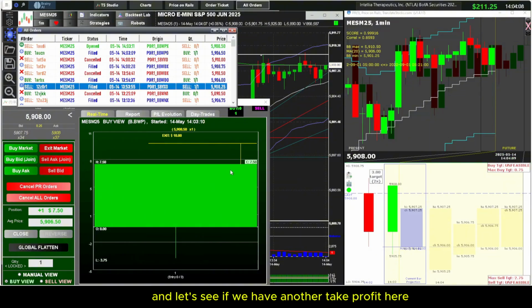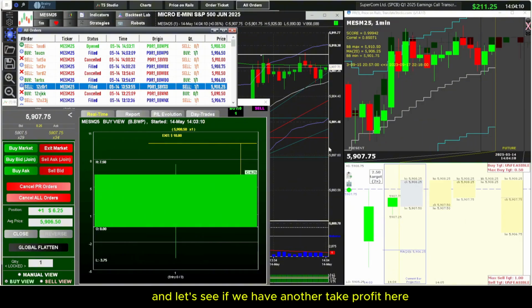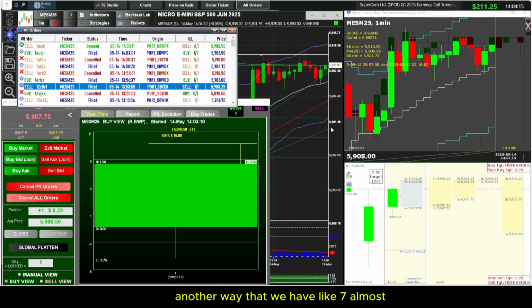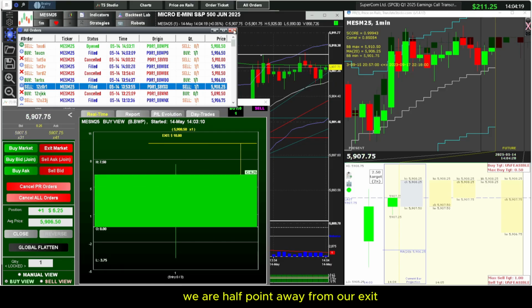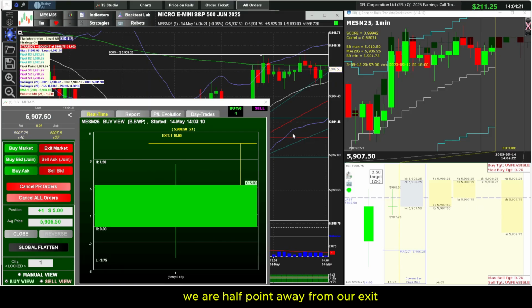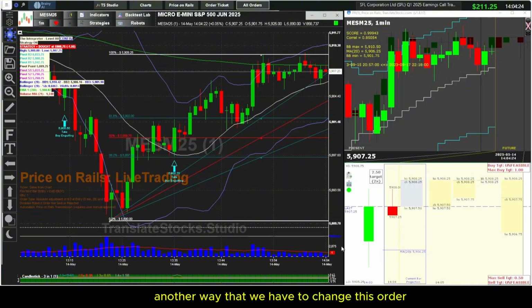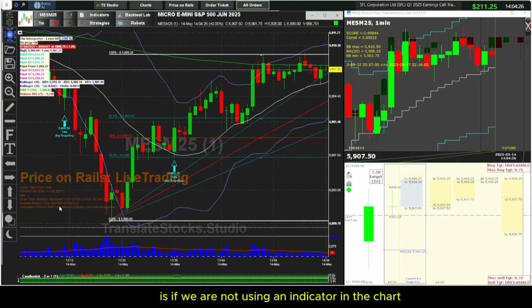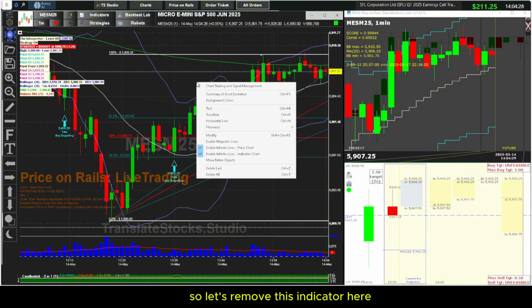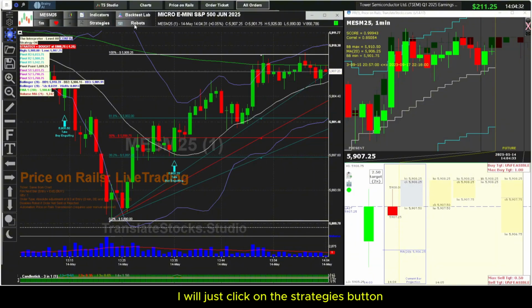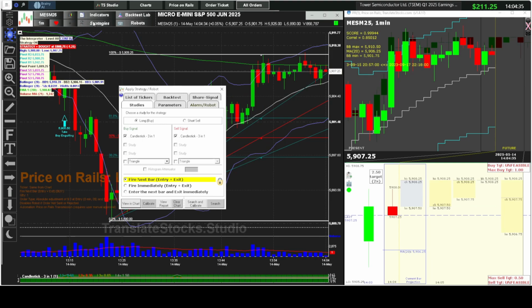And let's see if we have another take profit here. We are half a point away from our exit. Another way to change this order is if we are not using an indicator on the chart. So let's remove this indicator here. I will click on the strategies button and clear the chart.